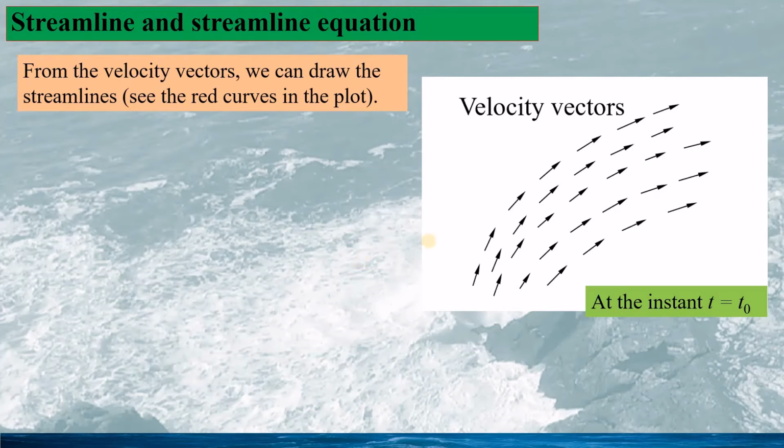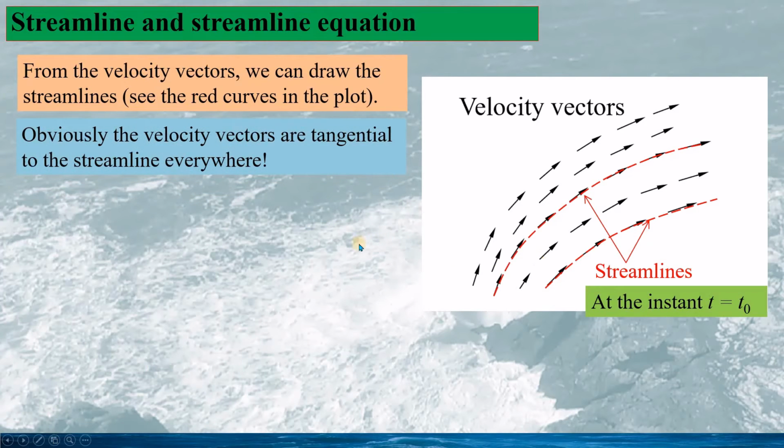Here, from the velocity vectors, we can draw the streamlines. See the red dashed lines here. And obviously, we can see the velocity vectors are tangent to the streamlines everywhere.